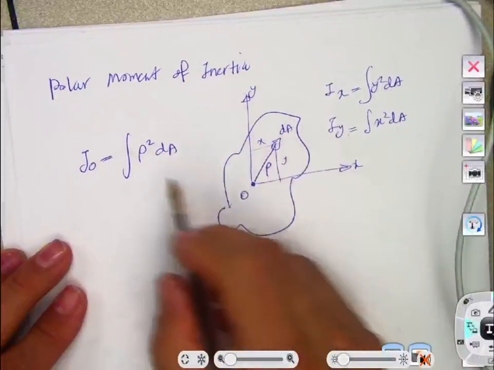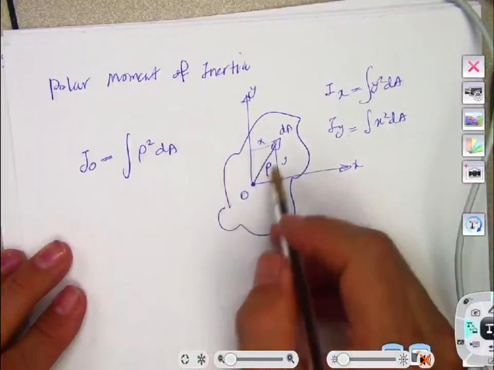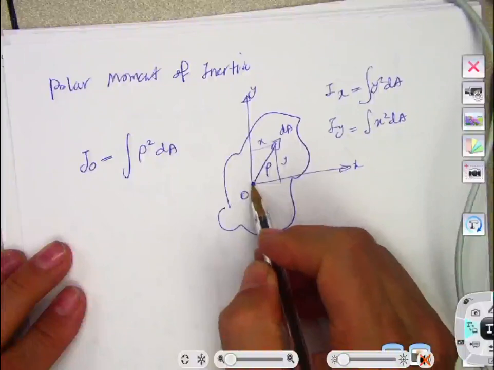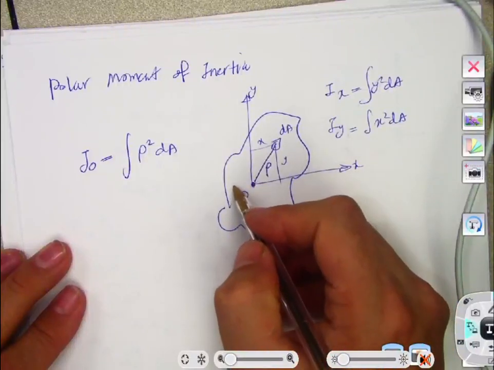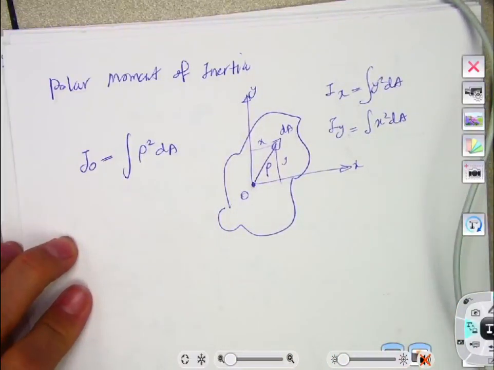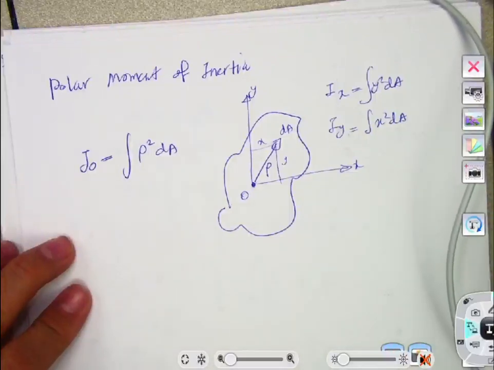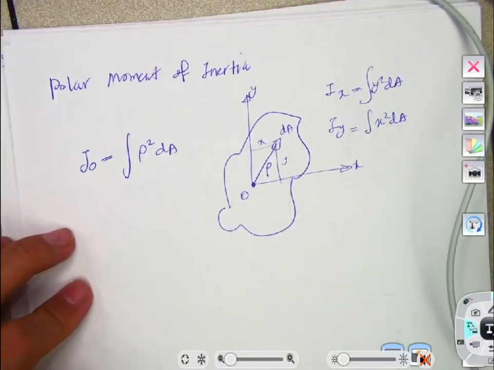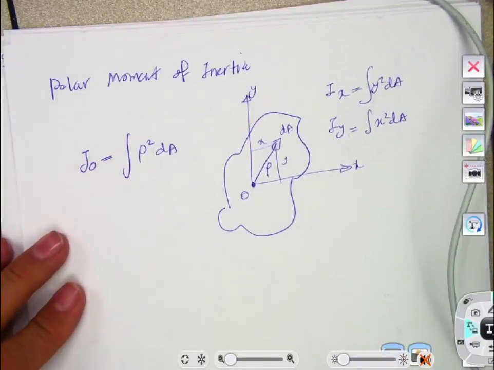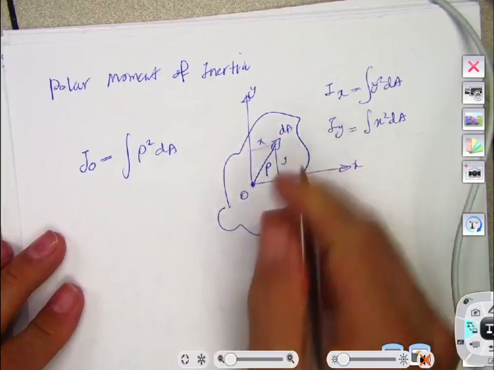If you evaluate this integral, you find the moment of inertia about O. Makes sense? So this time, this is the moment of inertia about a point. Similarly, this is a measure that tells me how your area is distributed about a point instead of an axis.